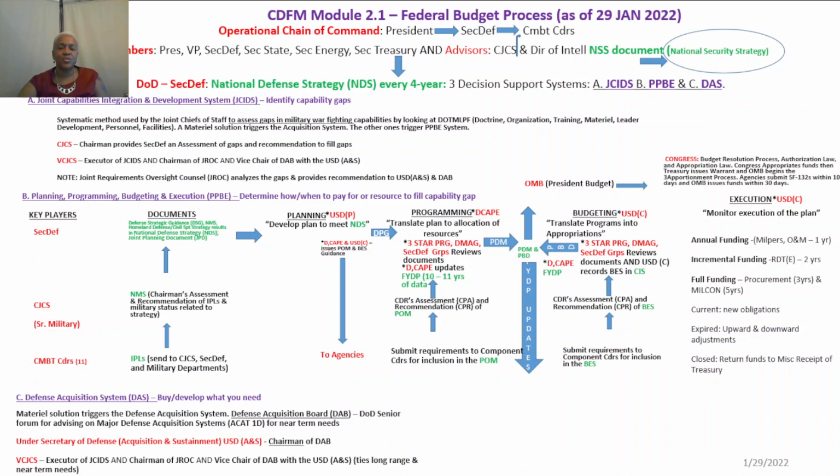His job is to tie long-range goals and near-term needs, trying to synchronize things to make sure we get what we need, but it has to be on a path to reach our long-term goals.